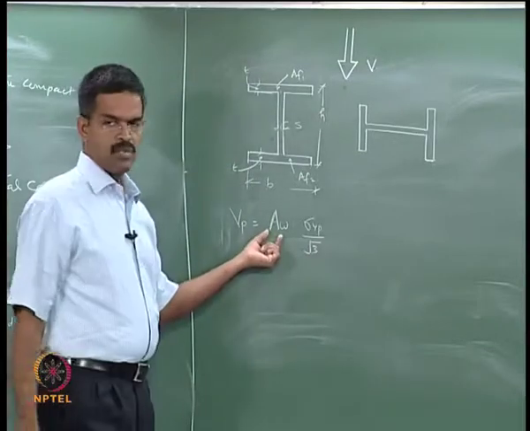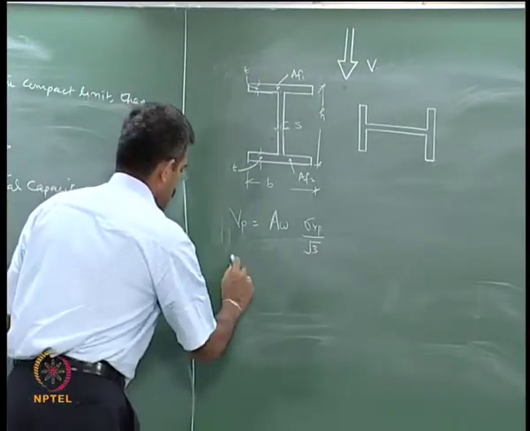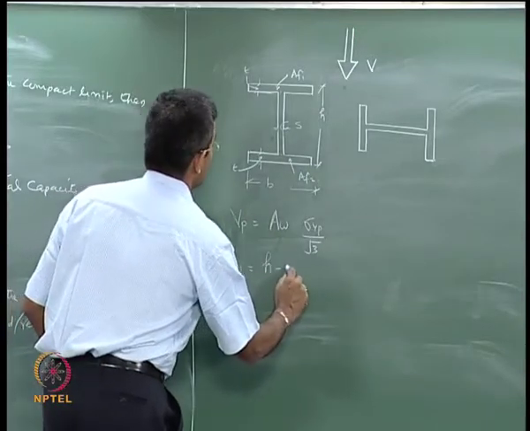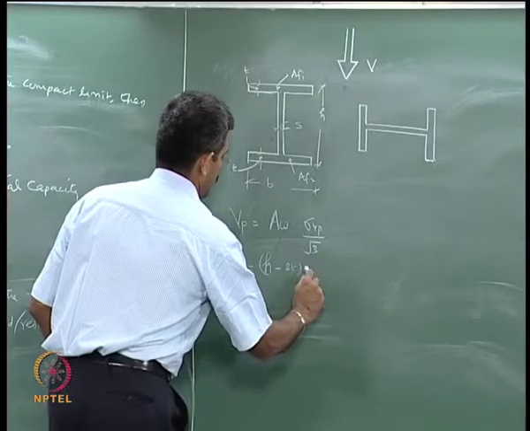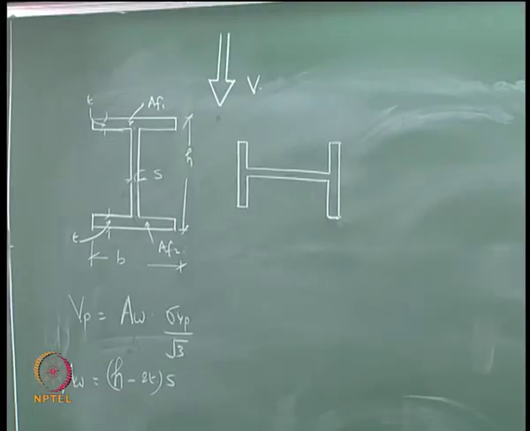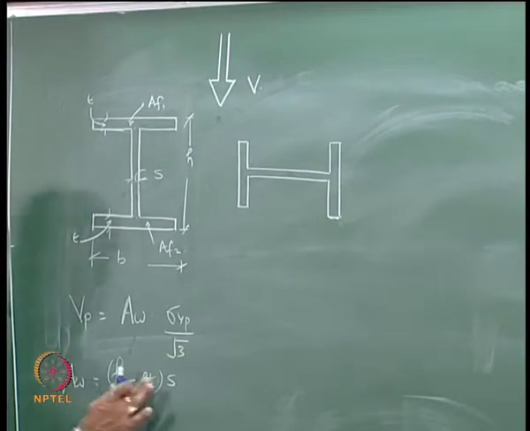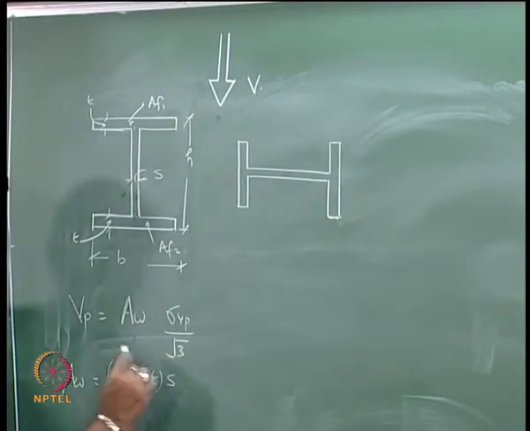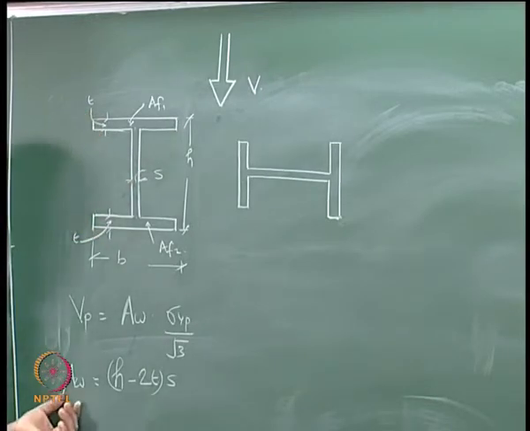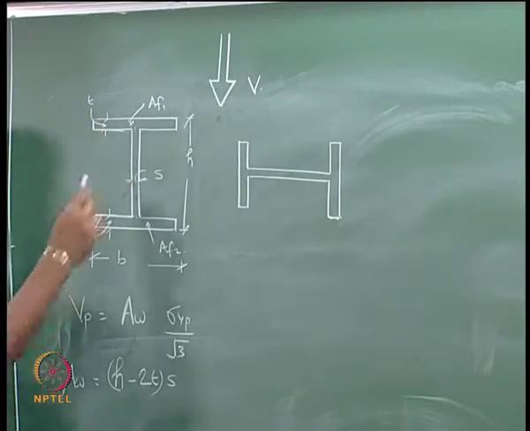What is AW? AW in this example is nothing but (H minus 2T) into S. Is that okay? That is area of the web alone. Okay, this is 2T, I am writing it deliberately clear. (H minus 2T) into S, that is area of the web.